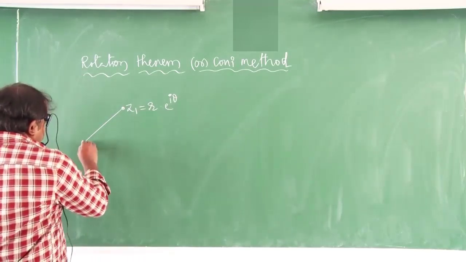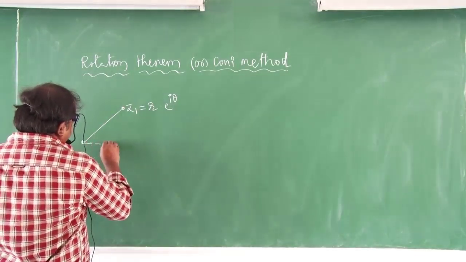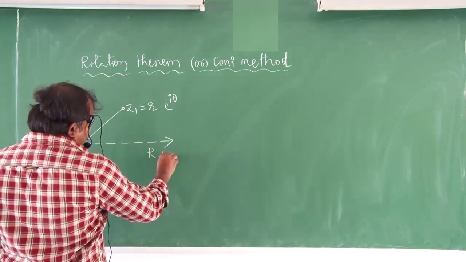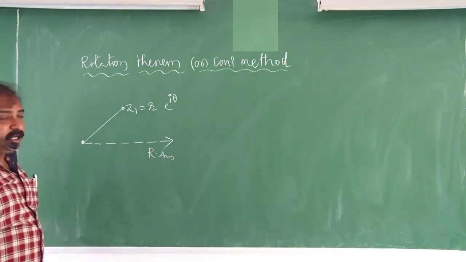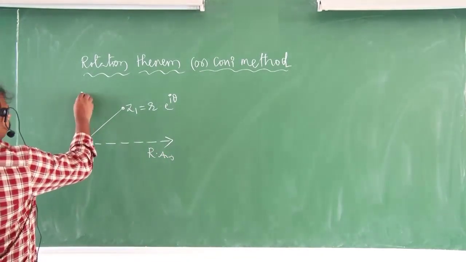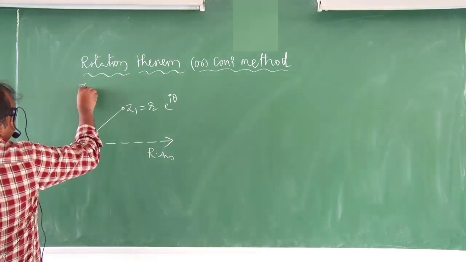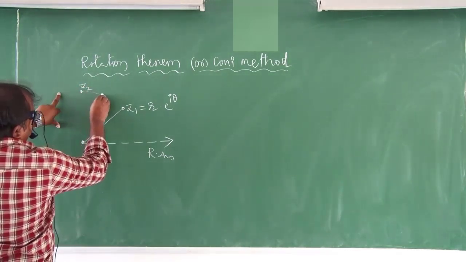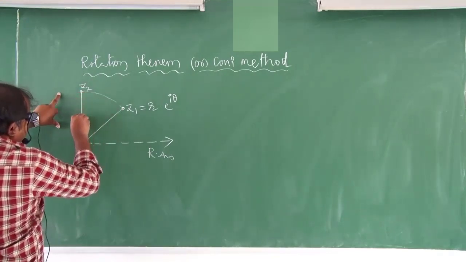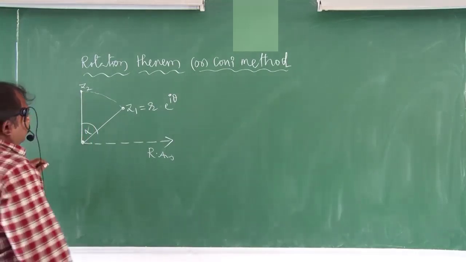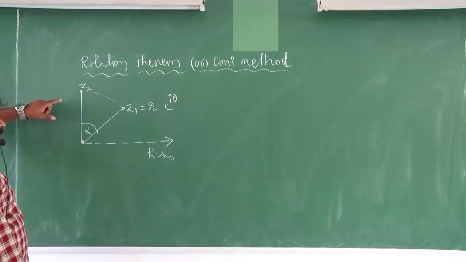Now if you observe, let this be the real axis. If I rotate the same thing by an angle and displace this value like this to get the Z2 value, making an angle alpha, then how can I write this Z2 value?